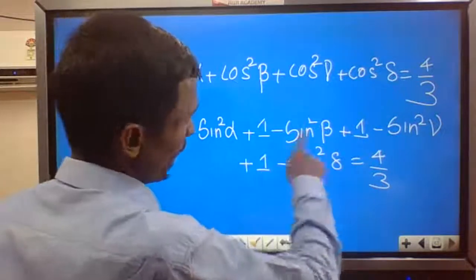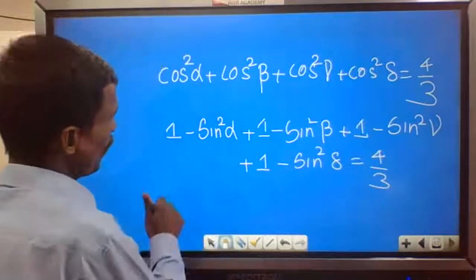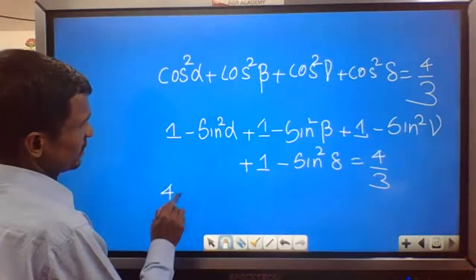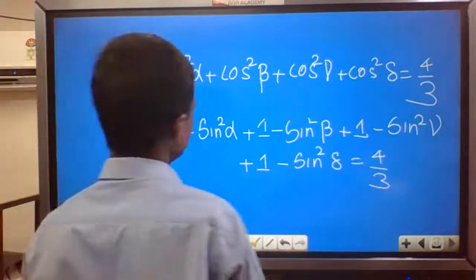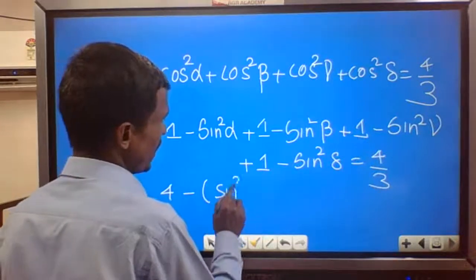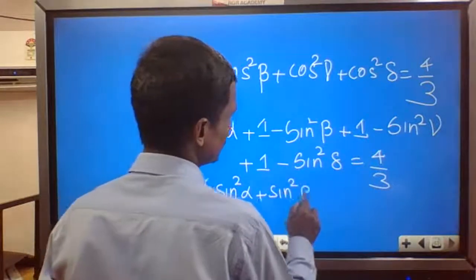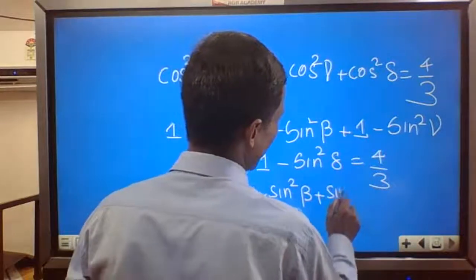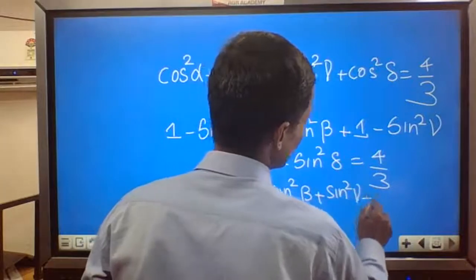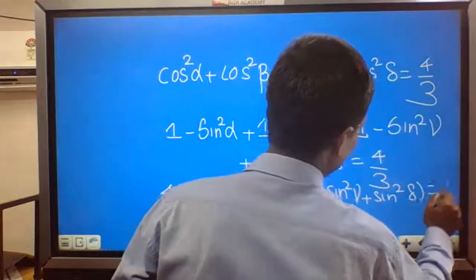So the 1s add up to 4. Therefore 4 minus the sum of sin squared alpha plus sin squared beta plus sin squared gamma plus sin squared delta equals 4 by 3.